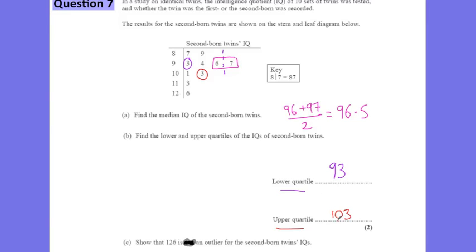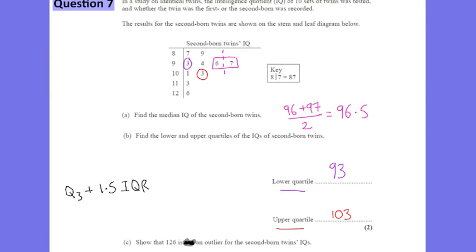We're then asked to show that 126 is an outlier for the second-born twins' IQ. 126 is towards the end, it's the upper part of the distribution. So the definition for an outlier that we will apply is quartile 3 add 1.5 times the interquartile range.